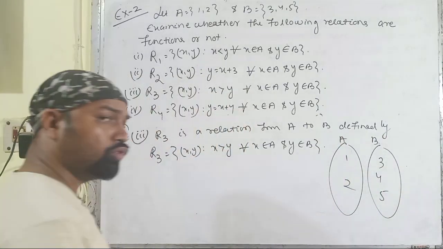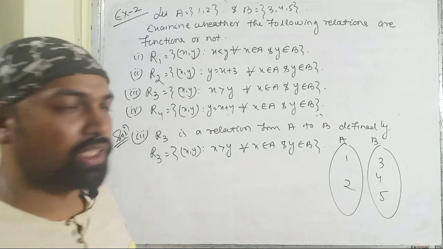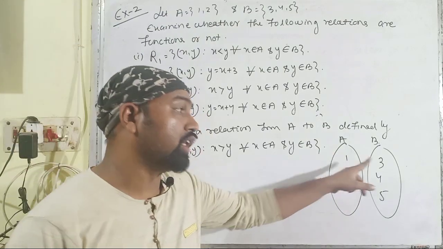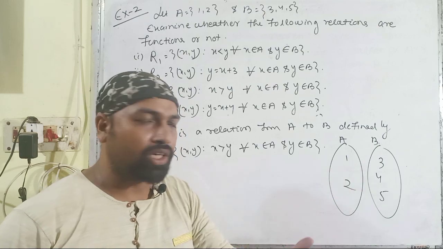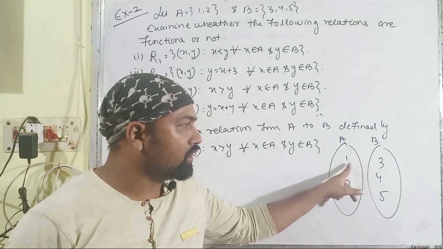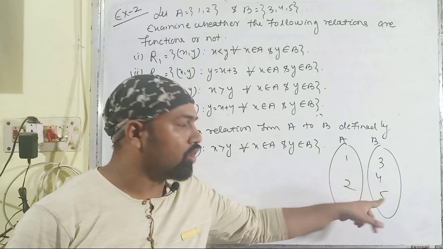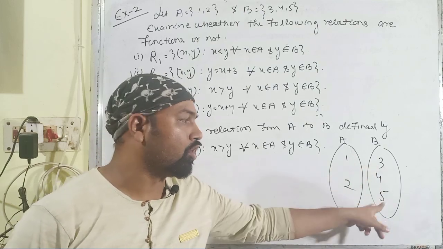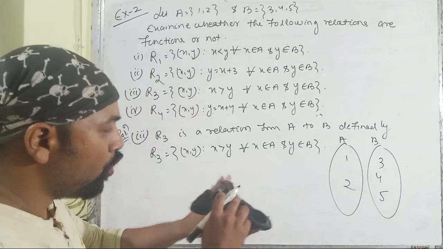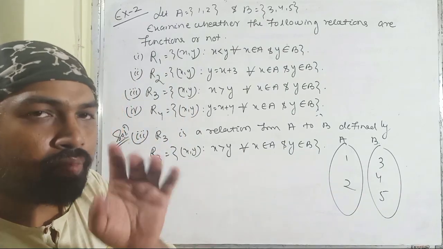We have to find such ordered pairs in which the first element is greater than the second element, and it is impossible here because 1 is not greater than 3, 4 or 5. Similarly, 2 is neither greater than 3, nor 4, nor 5. So no ordered pairs can be formed here.